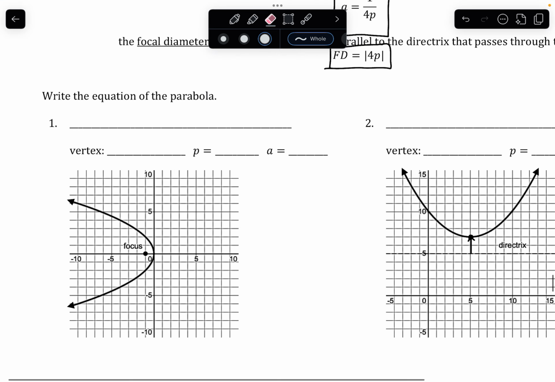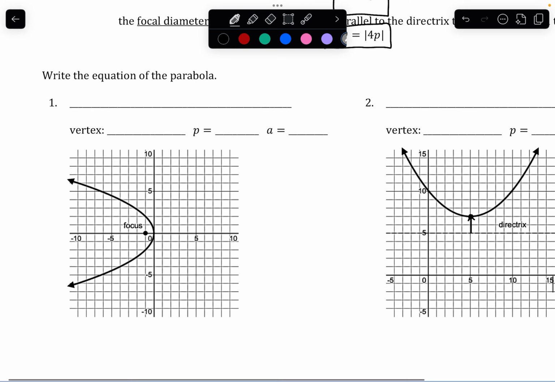Okay, so for this first one, it's a horizontal parabola facing to the left. And so immediately I know I'm going to have my x minus h on the left, and I'm going to have my y minus k being squared on the right. I can see that the vertex is 0, 0.